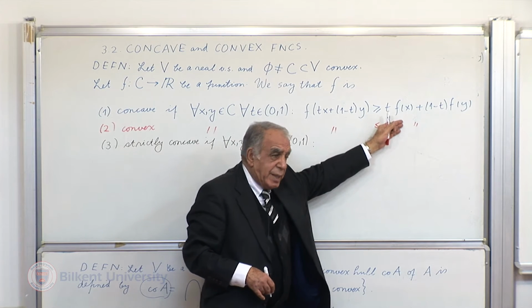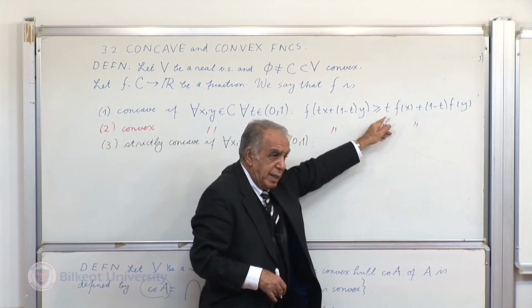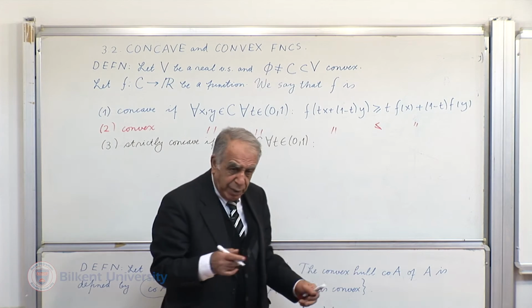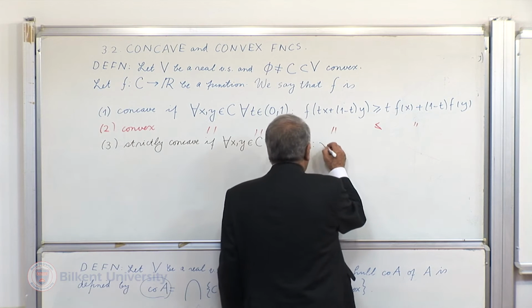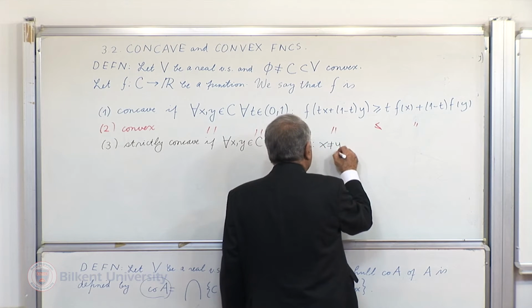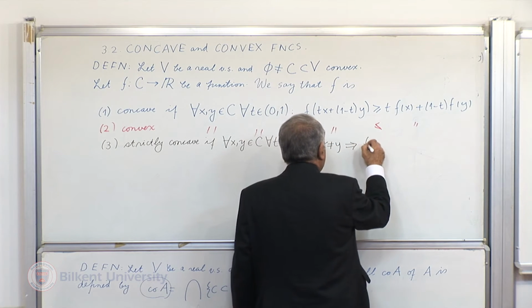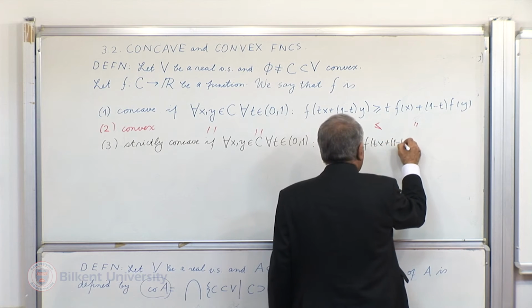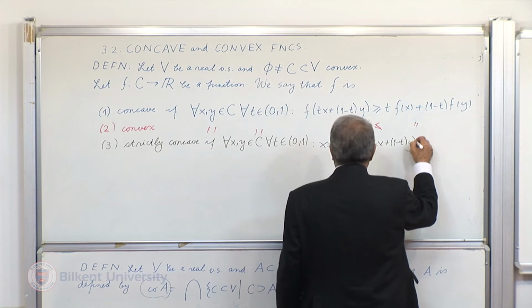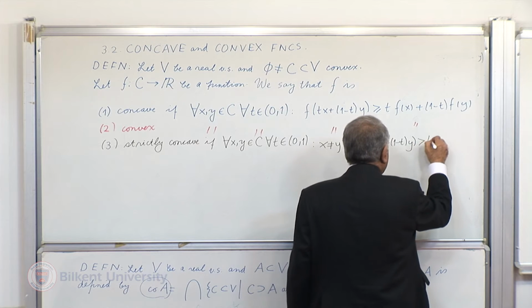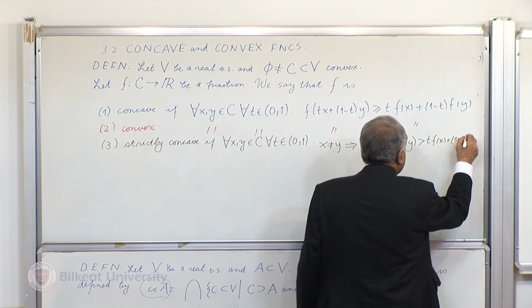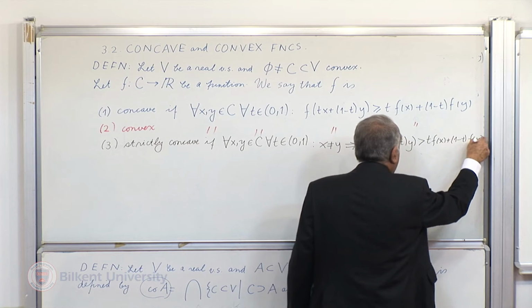So for strict inequality to hold here, I have to rule out the case where x is equal to y. That is, x different than y implies f of tx plus 1 minus ty is larger than t f of x plus 1 minus t f of y.